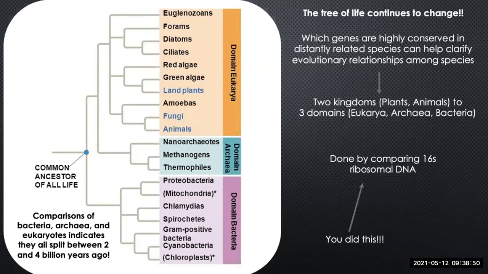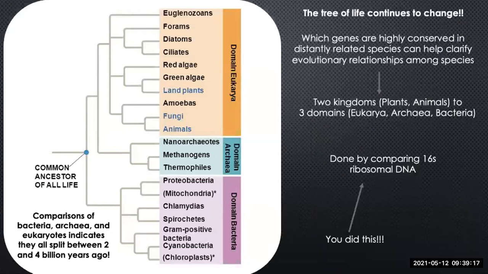And so we compared those between species, and right, we use that database in order to look at what species have slight changes in that ribosomal DNA. And so what we found out is that, it seems that the group between bacteria and archaea, we all split apart about 4 billion, between 2 and 4 billion years apart. It's a very large range, but it was also a long time ago.